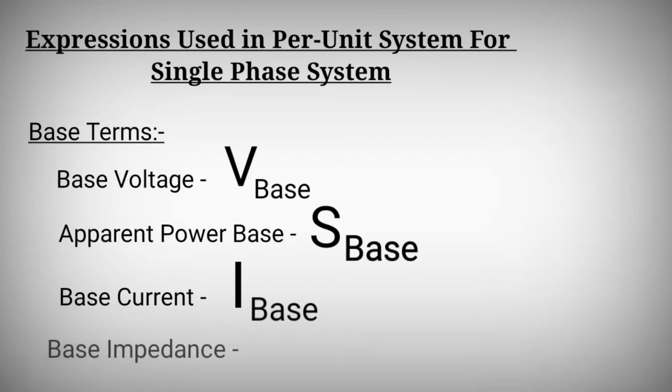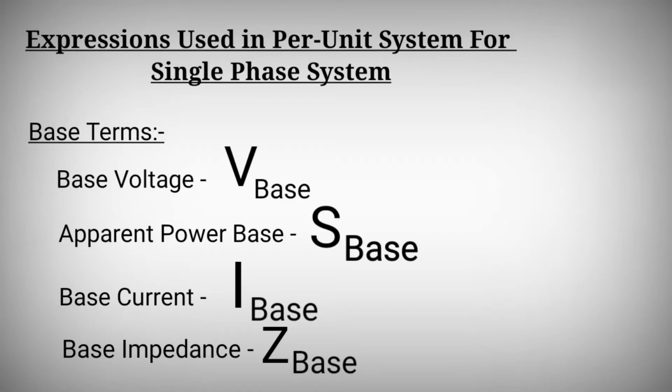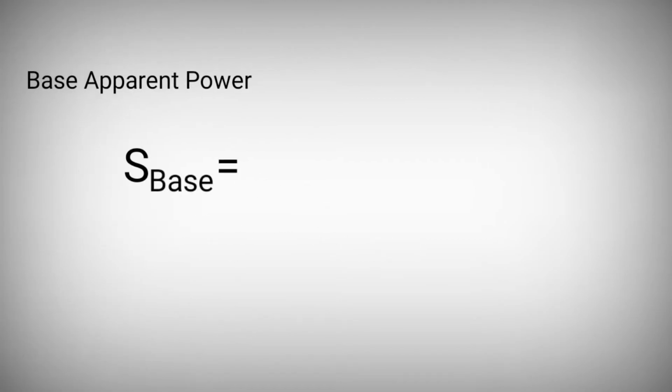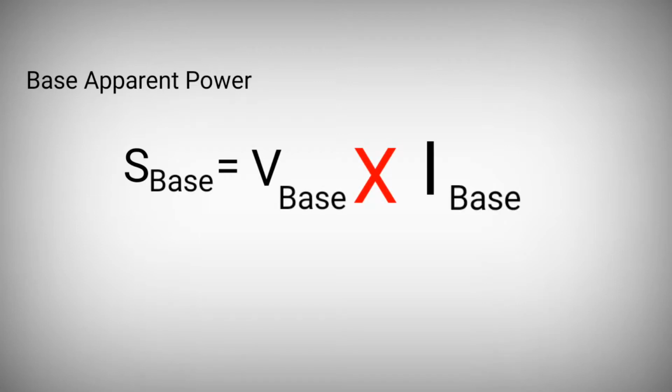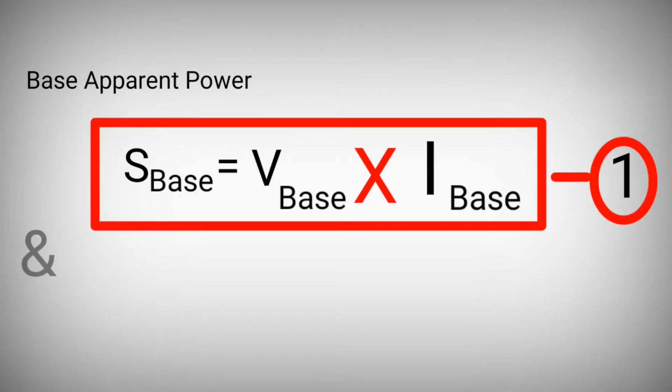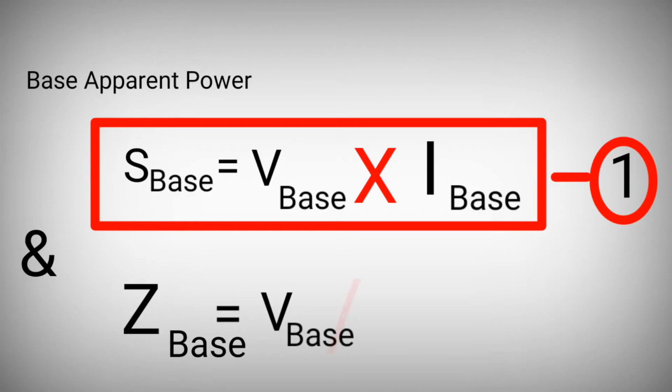Base impedance value, Z base. From these, we obtain the expressions as base apparent power S base is equal to V base into I base. Consider it as expression 1. And Z base is equal to V base by I base.